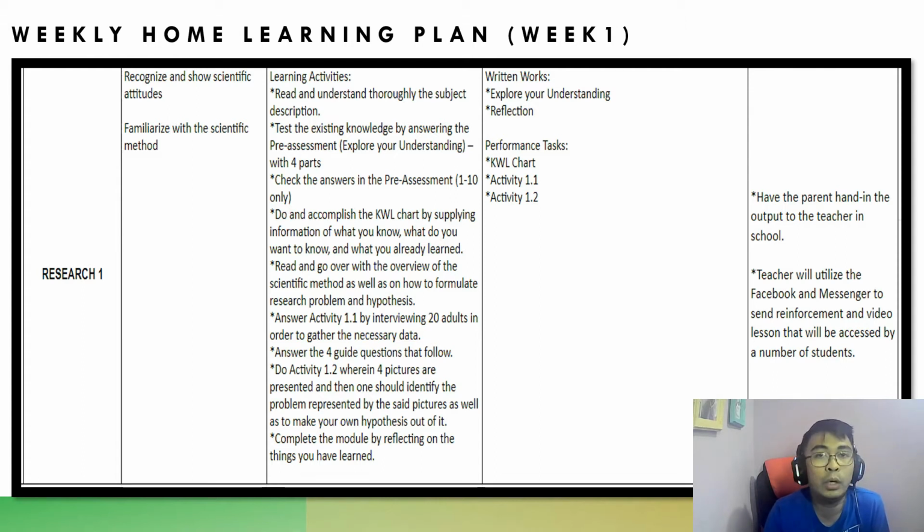Do activity 1.2 wherein 4 pictures are presented, and then identify the problem represented by the said pictures and make your own hypothesis out of it. And then complete the module by reflecting on the things you have learned. So these are the learning activities or tasks required from you for this week 1.